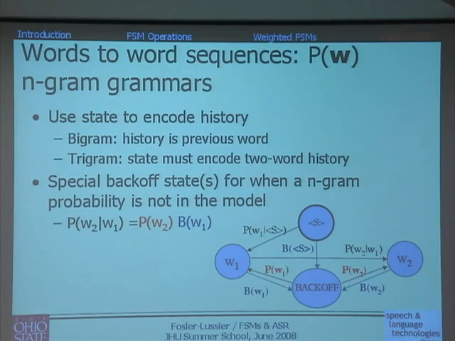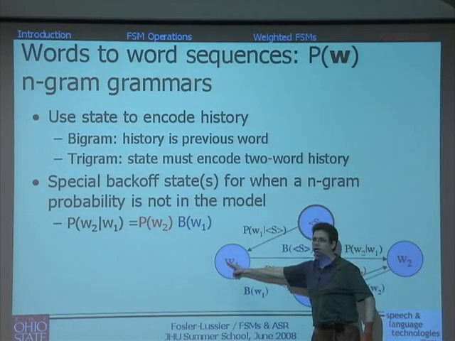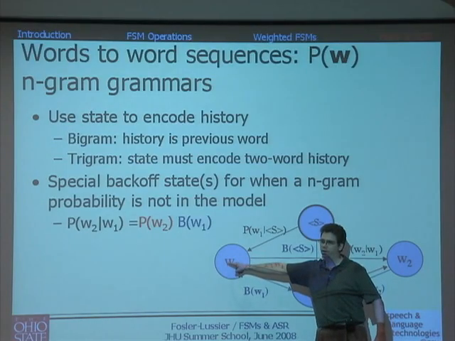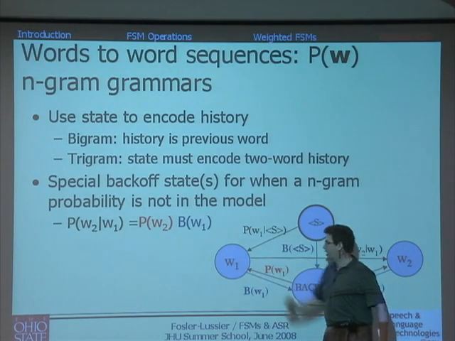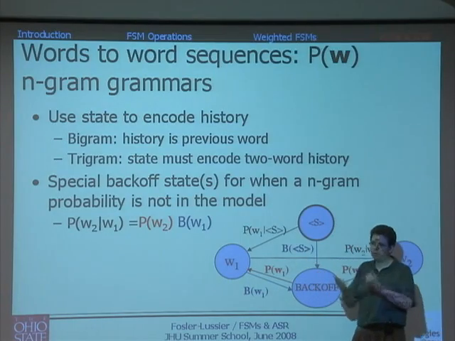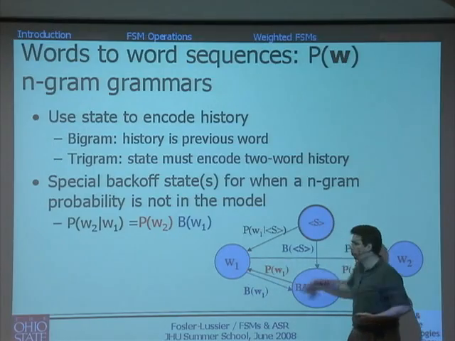Now, why do I say approximate? Well, this strategy leaves 2 paths for W1 followed by from the start symbol, right? I could take this one directly, or I could take this path followed by this path, right? Now, if I took this path by this path, it probably doesn't matter because I'm just going to throw them all in together, and this is probably going to dominate this score.